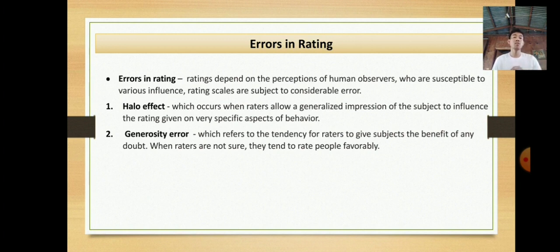So nirate mo na siya ng magaling siya sa lahat ng bagay, parang kumampi ka na sa kanya, na parang kilala ko naman to, so check natin sa positive way.